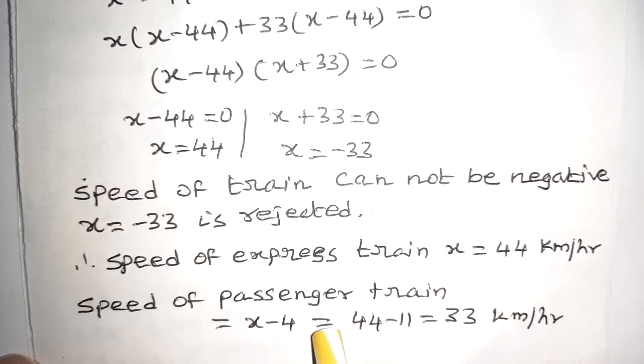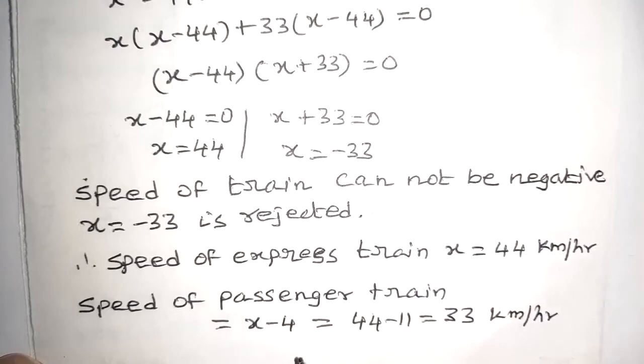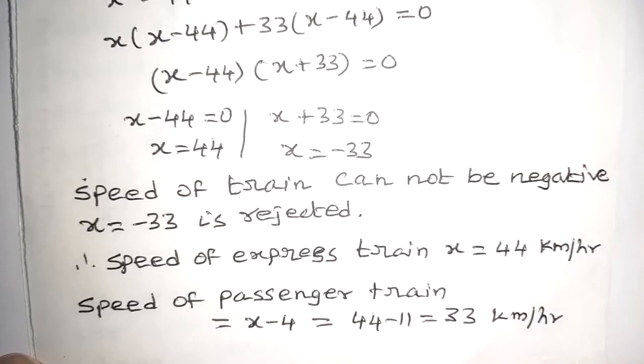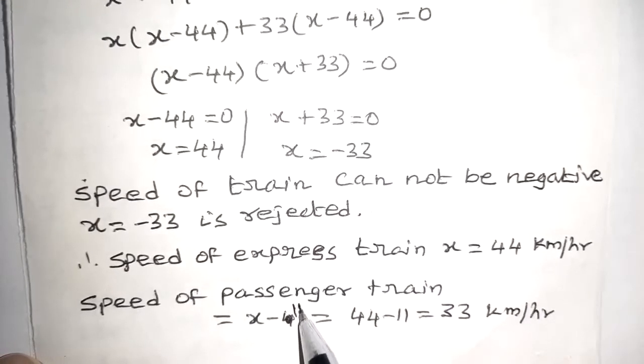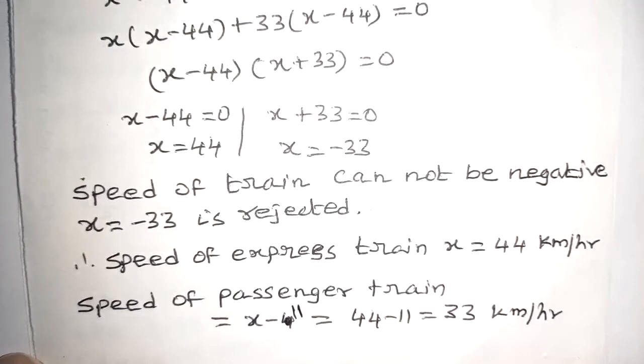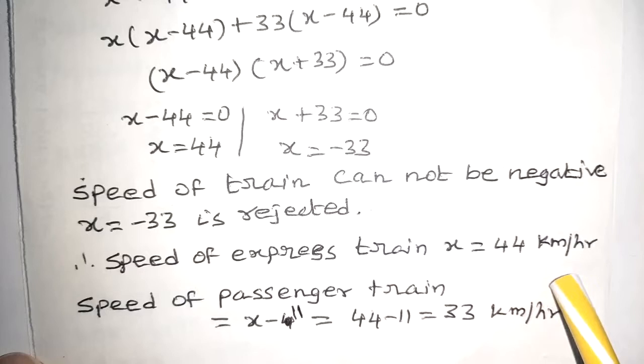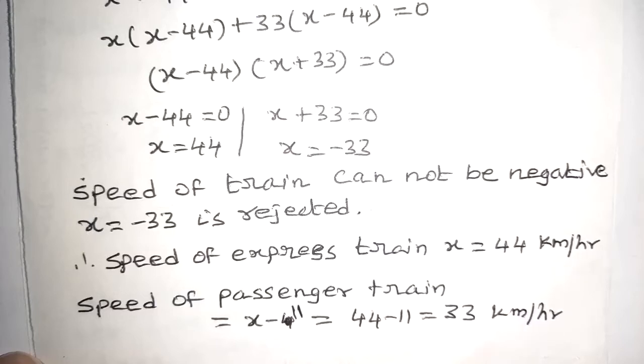Then speed of passenger train is x minus 11, that is 44 minus 11 equal to 33 kilometers per hour.